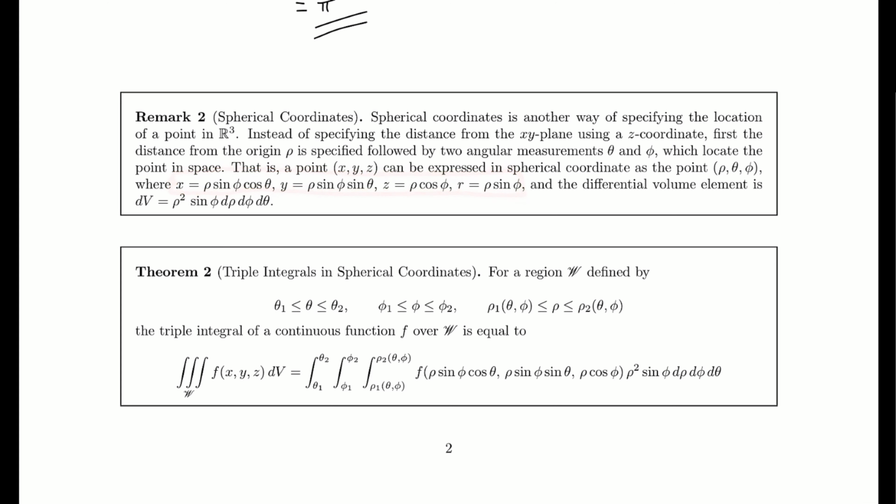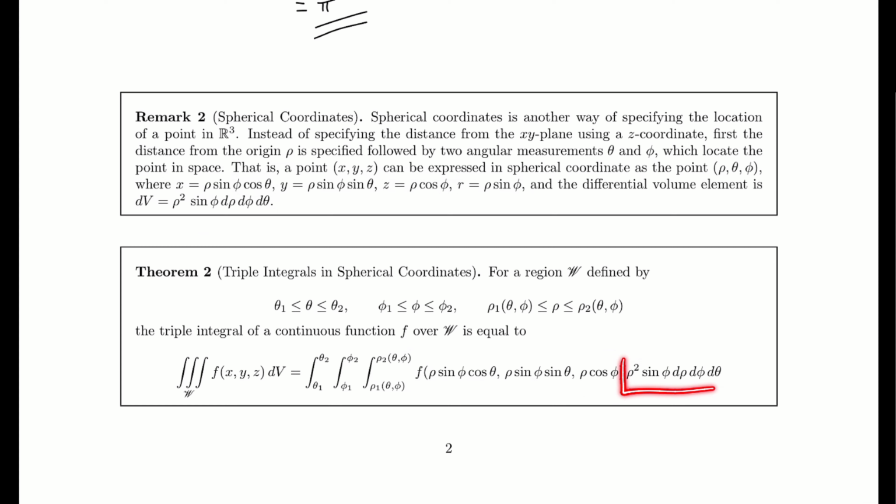Okay. Another fact that I'm not going to go into a ton of depth on right here is dv for spherical. So for spherical, dv turns out to be rho squared sine phi d rho d phi d theta. And this is all encoded down here.